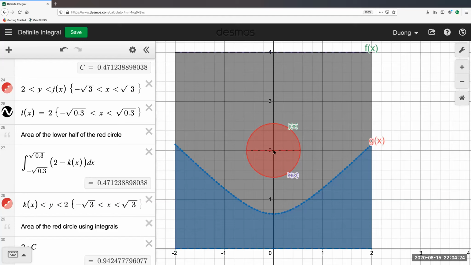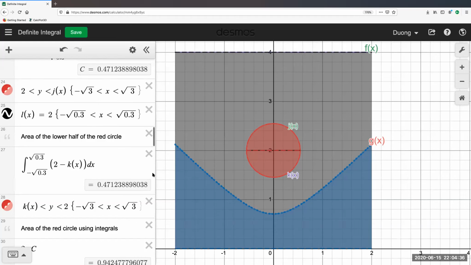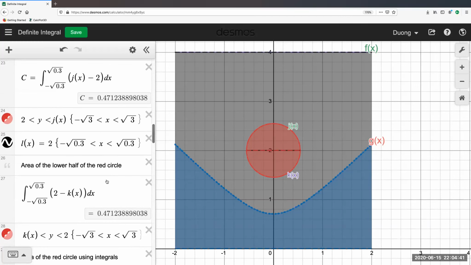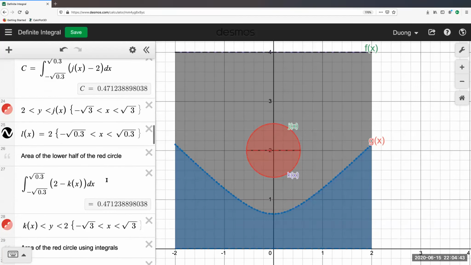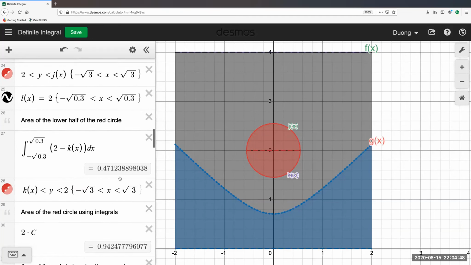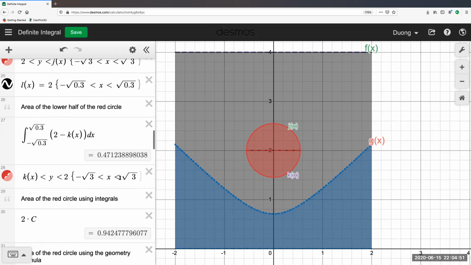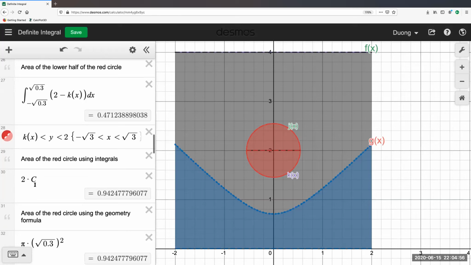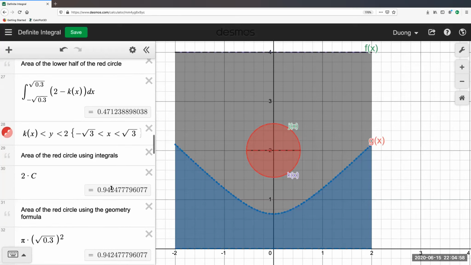But this time we take 2 minus k of x dx, because on this interval, 2 is always greater than or equal to k of x. And as you can see, the results for the two halves are the same, which assures us that we are doing the right thing. And since we have the two halves, you can just multiply by 2 to get the area of the red circle.